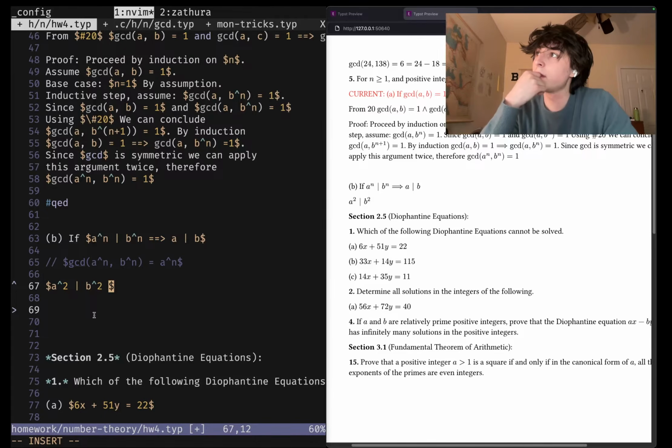Yeah, I'm thinking about it. Do you think this is going to be some kind of GCD property?